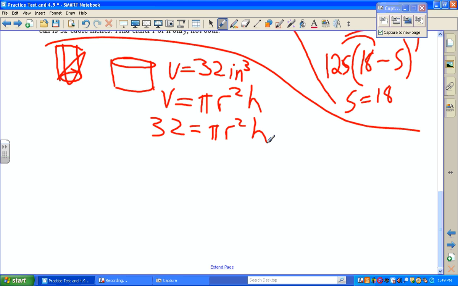And the surface area. It said of the whole can, right? So the surface area, I'm not sure, you check your textbooks for this, because the total surface area of a cylinder is 2 pi r h plus 2 pi r squared.